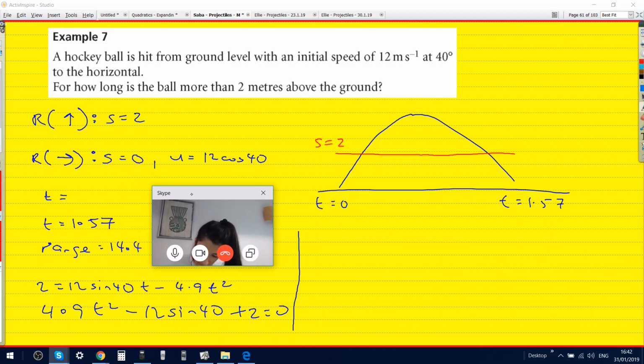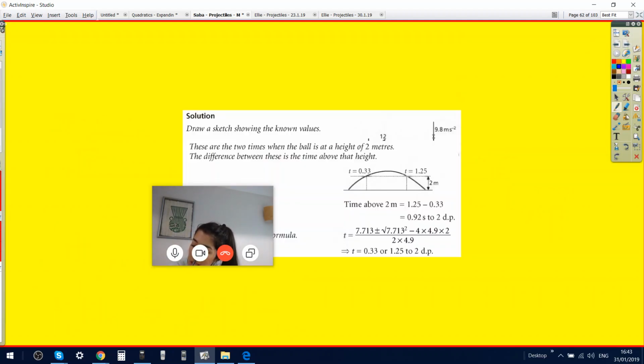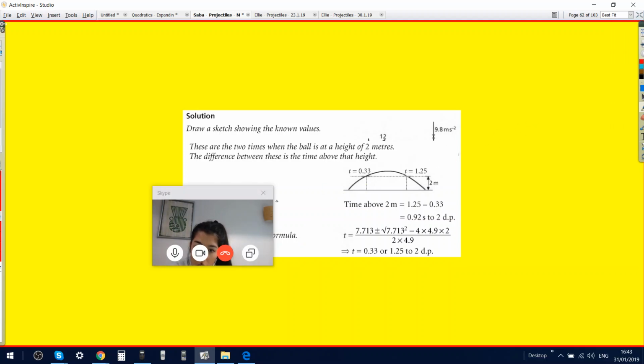The difference between them, minus 1.2468 minus 0.327 equals minus 0.9198. That doesn't sound right. I'm going to add them instead and see what I get. Minus 1.57. Oh! 1.57.